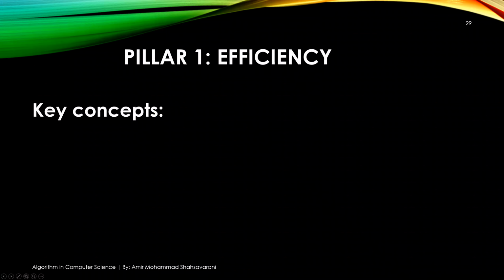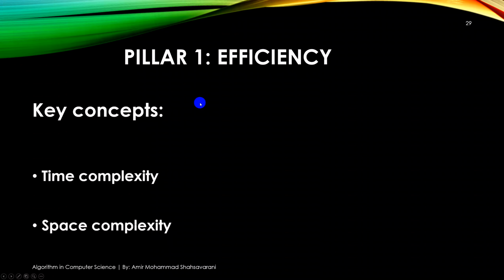Key concepts in this category would be, first of all, time complexity, the amount of time an algorithm takes to complete, which is typically measured by the number of operations performed, or maybe some other issues, I'm not sure.